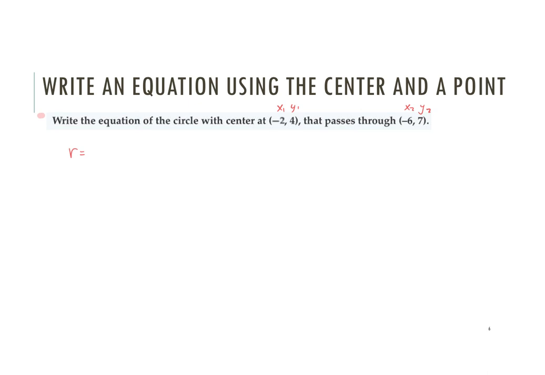And here we go. Square root of negative 2 plus 6 squared plus 4 minus 7 squared. This is 4 squared plus negative 3 squared, 16 plus 9, which is the square root of 25. R is equal to 5.